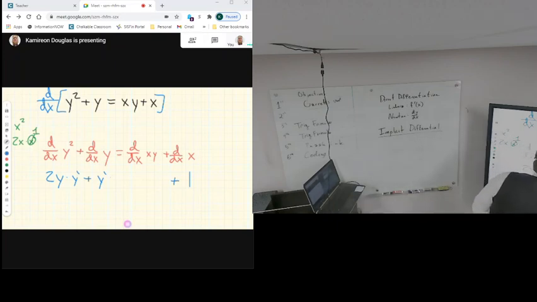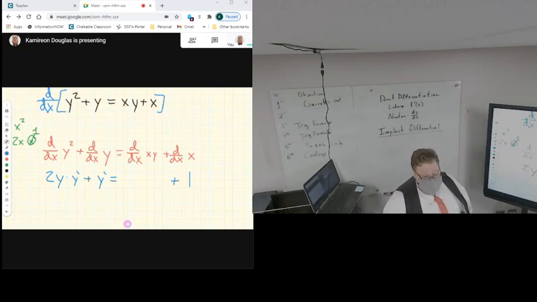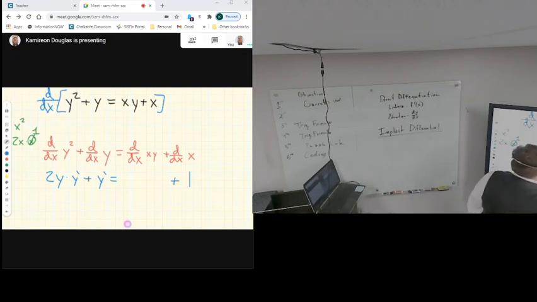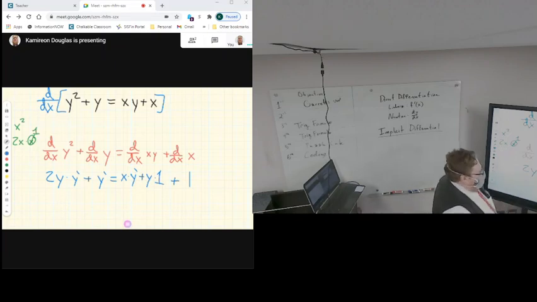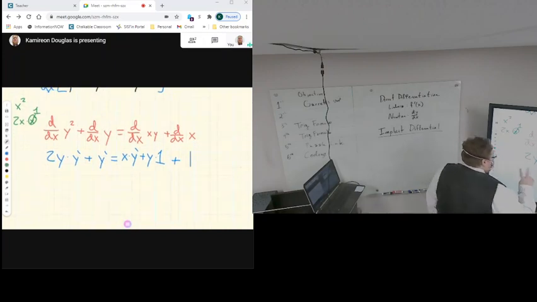Over here, we have a product. We have to do the product rule. Left d right plus right d left. One piece at a time. Left d right plus right d left. Simplifying. So notice there's two different versions of y.